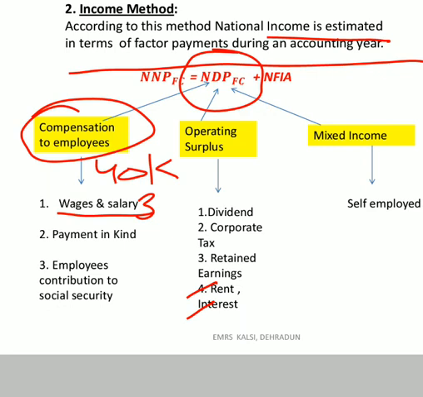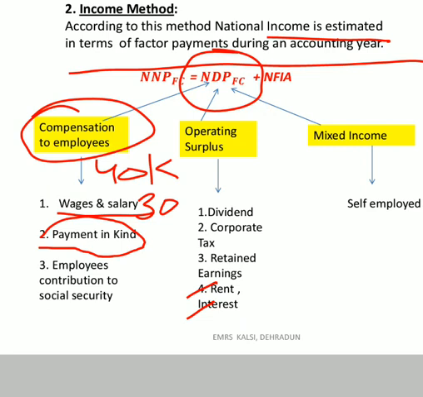Out of 40,000, the person gets 30,000 in cash in his account. Of the remaining 10,000, 5,000 is received in kind. Kind means in the form of any facility or service like medical facilities, housing facility, or petrol expense. In the form of these services he gets 5,000 rupees.